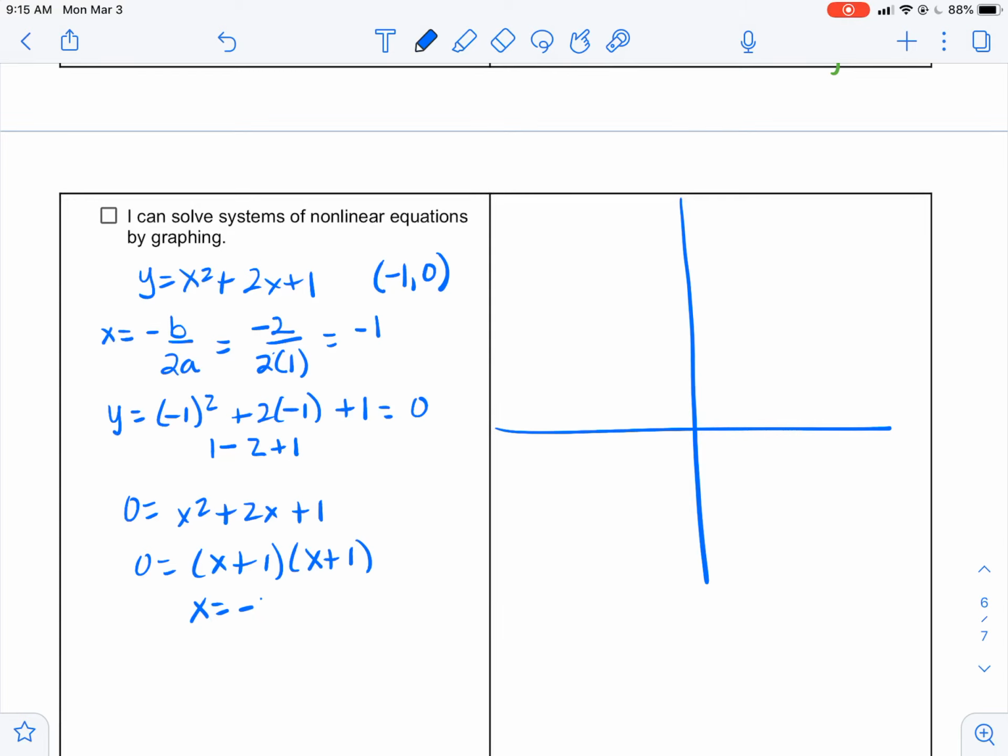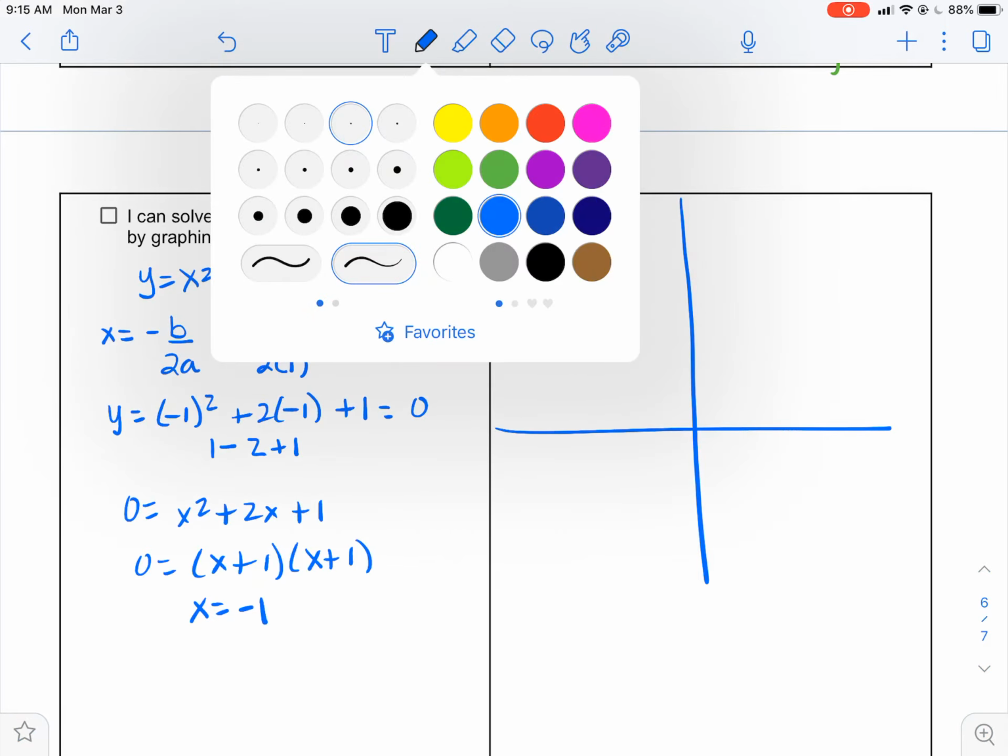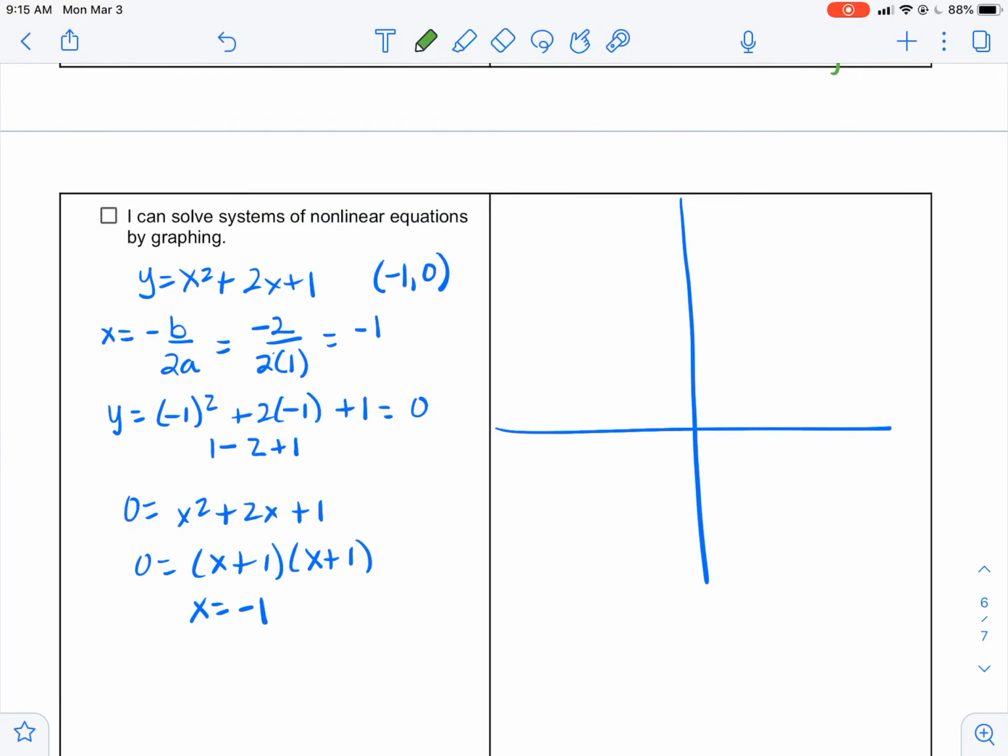So that's really not going to help me at all, because I already know my graph hits at negative 1, 0. Okay? So I'm going to do my y-intercept, which is at 1, which makes my reflection.